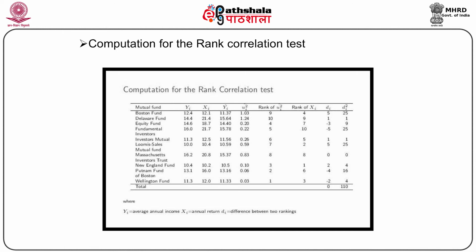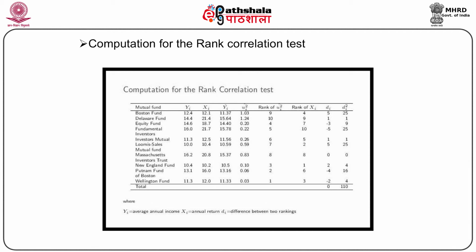For each of these mutual funds, we fit a regression model of yi over xi, and from the regression model, we obtain the estimates of yi, or the estimates of average annual income denoted by yi hat, and we obtain the estimates of the square of residuals denoted by ui square hat.